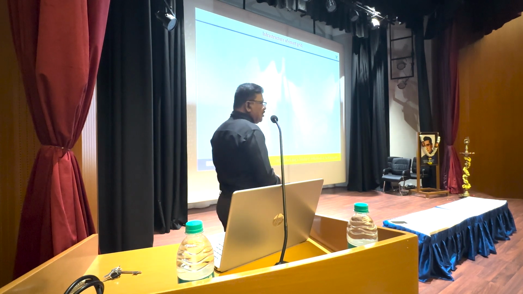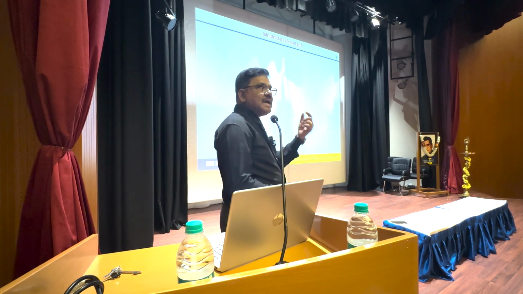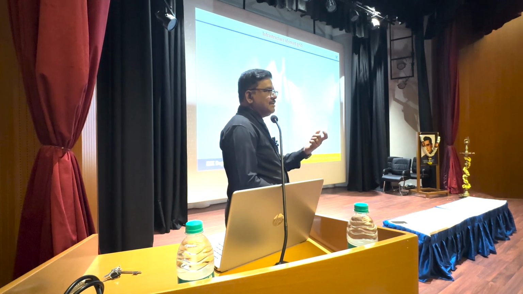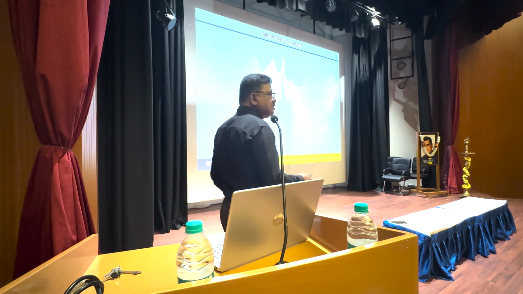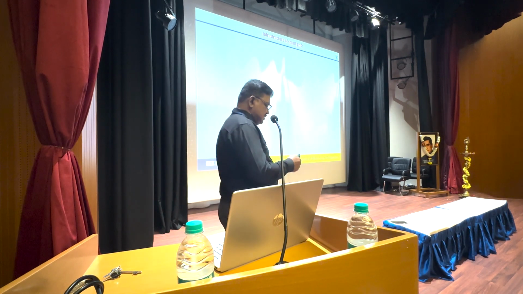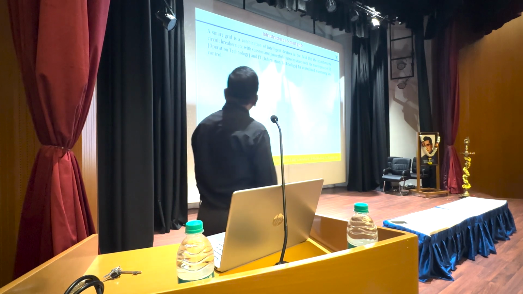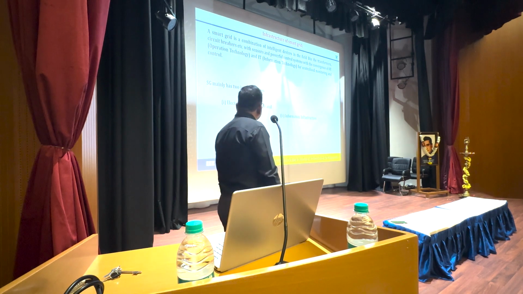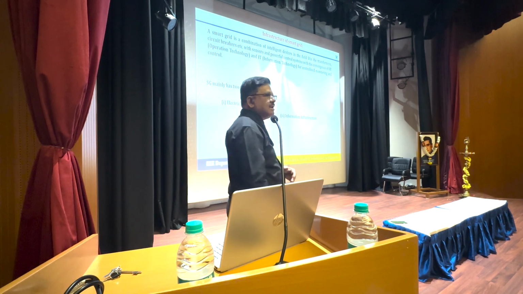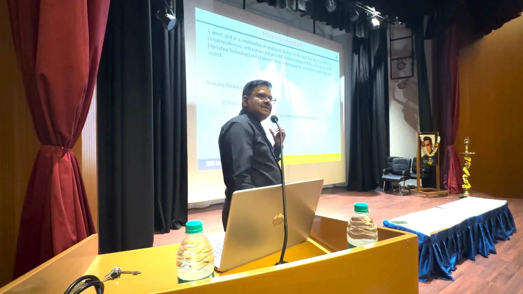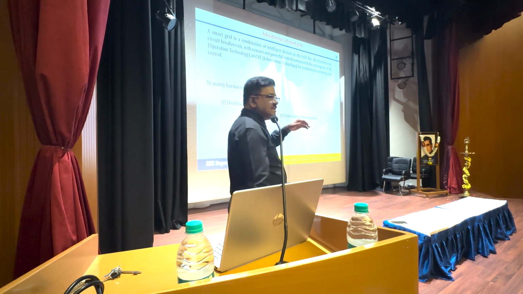So before going into the actual topic, what was the actual topic? Cyber security. So we will go into the topic, but you should understand the structure of the smart grid. This has mainly electrical infrastructure and information infrastructure. Already I have shown that. Information infrastructure means ICT, information and communication technology.